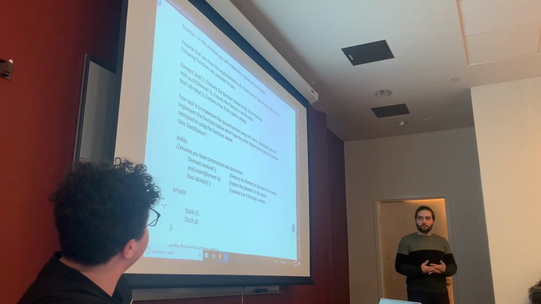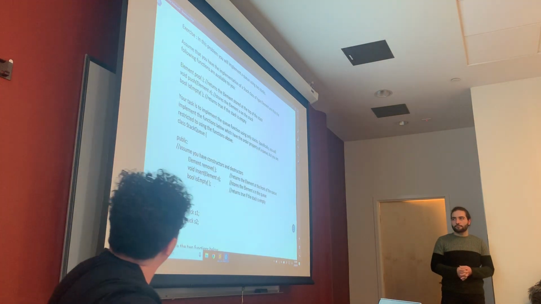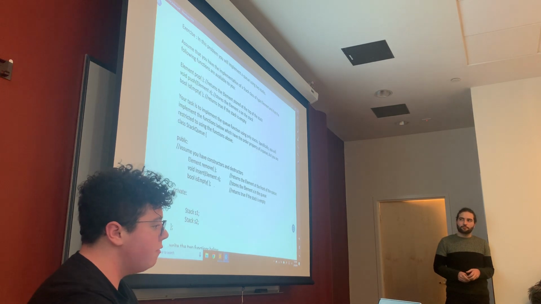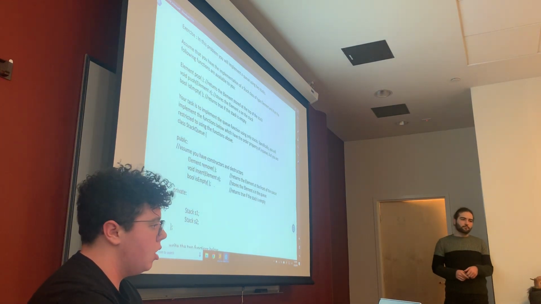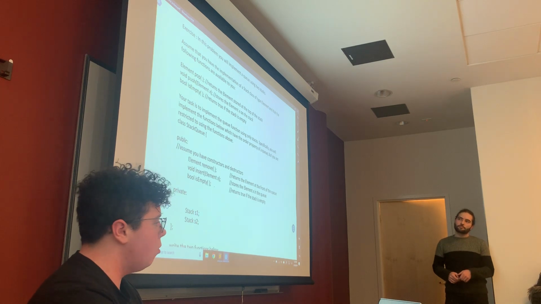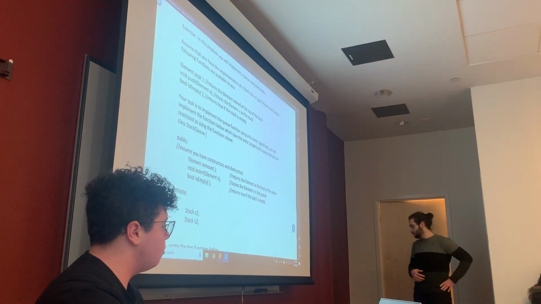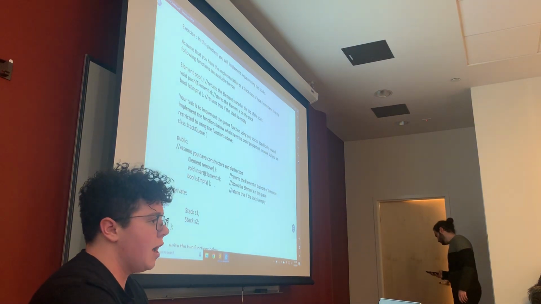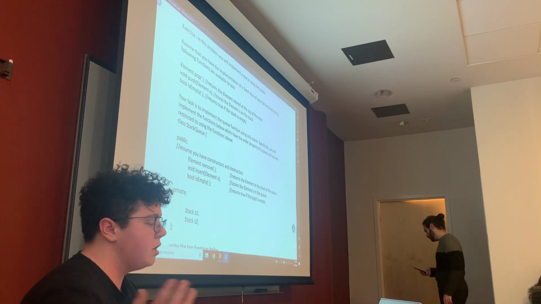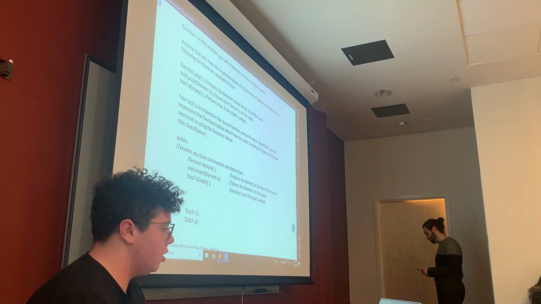Okay, so for this example, since I don't know if everyone's read it, essentially we have two stacks and we want to use our two stacks in order to implement a queue. The whole point of abstract data types is that the client doesn't know how you are doing that, that you're using two stacks to make a queue. All they know is that you have a queue that they can use.